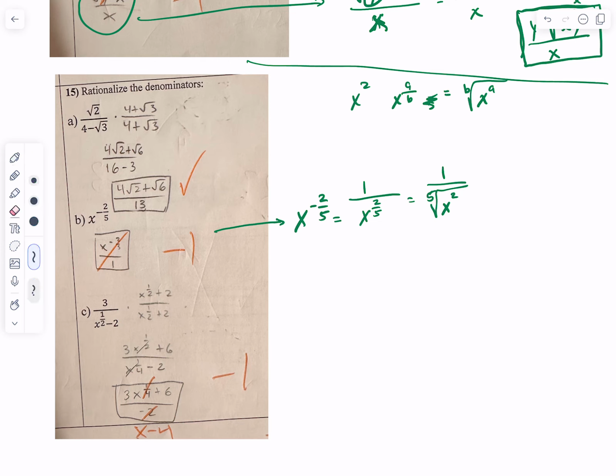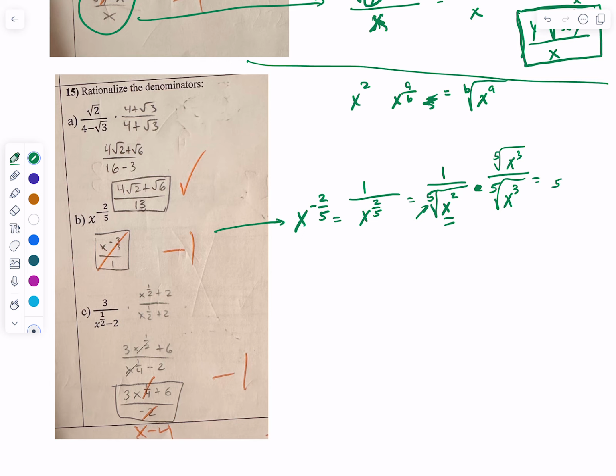Now we just need to go back to what we did earlier and say, well, we need to get 5 x's underneath, because we can take the fifth root of x to the 5. So what would that be? How many x's do we need? We need 3 more. So we need x cubed, x to the fifth, and you got to multiply the fifth root of x cubed times that.